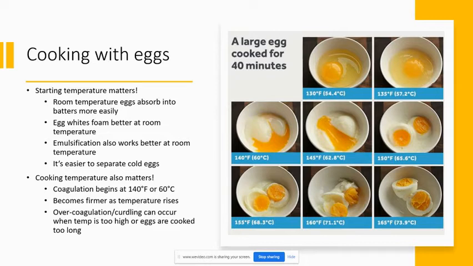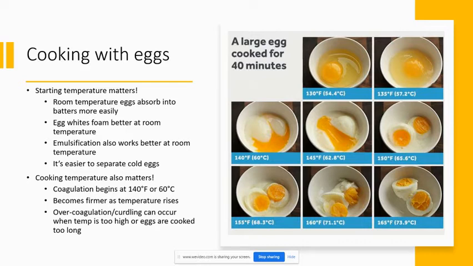All right, so cooking with eggs, a couple of interesting facts and tips. The starting temperature of your egg sometimes matters. Room temperature eggs actually absorb into batters more easily.